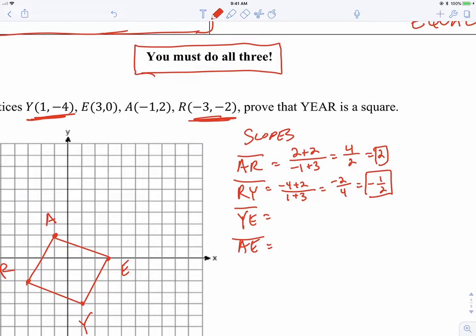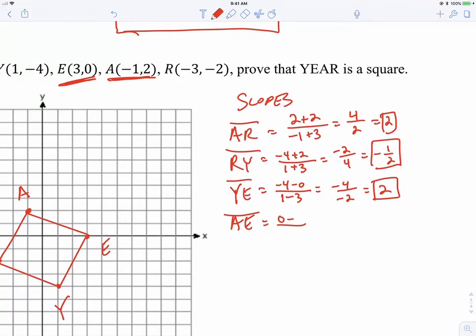Now we're going to do the slope of YE. We're going to use the points Y and E, y minus y over x minus x. So we've got -4 over -2. A negative divided by a negative is a positive. 4 divided by 2 is 2. And then for AE, we use these 2 points, y minus y and x minus x. So I get -2 over 4, which is -1/2.